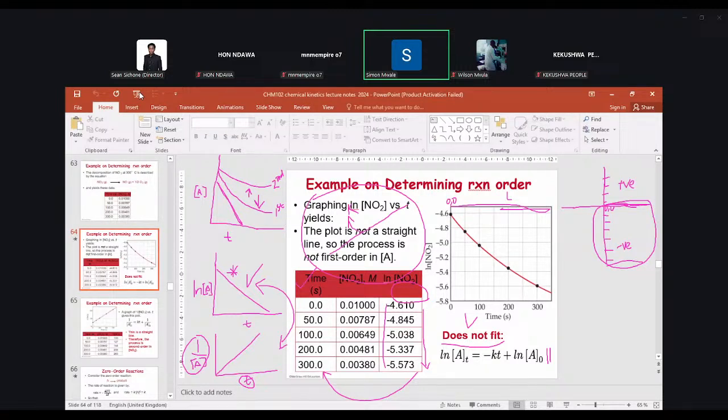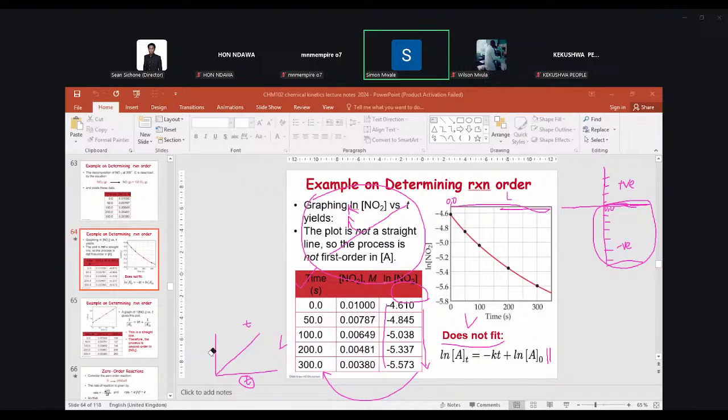let me just rub off the board. The zero order is easy because on this data, when you plot a graph of concentration versus time, zero order.